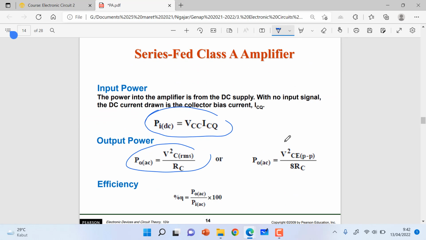So we can calculate it from VRC squared over RC, the output voltage in RC squared per RC. If we use peak to peak, this is the RMS. If we use peak to peak, then P output is VCE peak-to-peak squared per 8 RC.